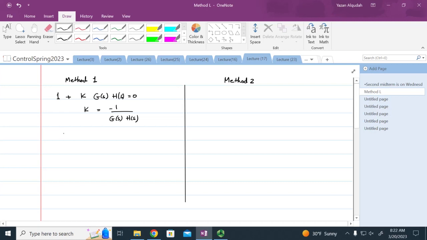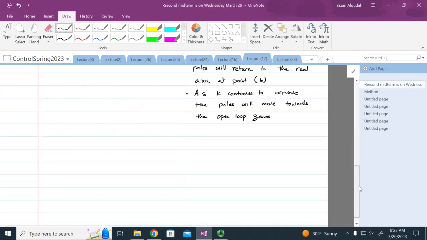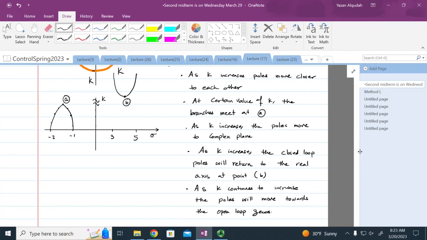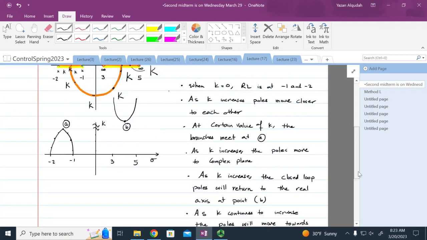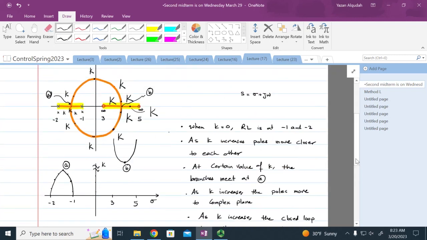Now we are only interested in s when it is along the real axis. So I can just replace s with sigma, just to signify that I'm calculating all this when s is along the real axis, along this yellow line.